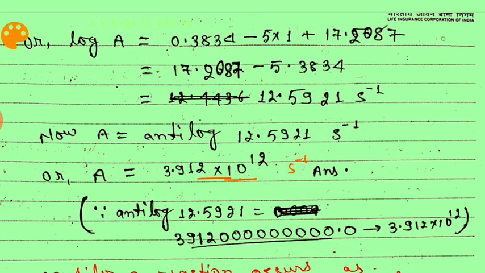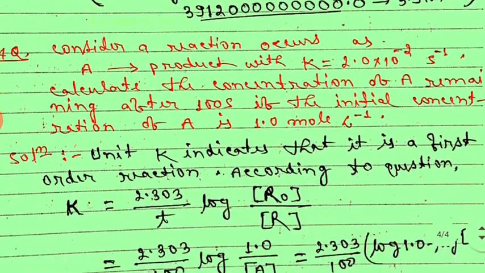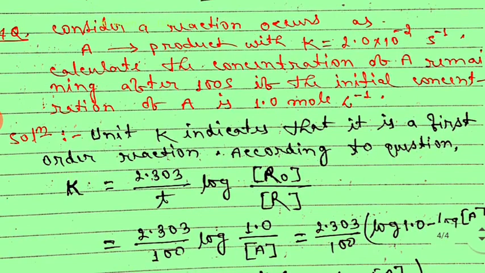Now the last question, that is a very simple question. Consider a reaction that occurs as: reactant A converts into product with rate constant K equal to 2.0 into 10 to the power minus 2 second inverse.